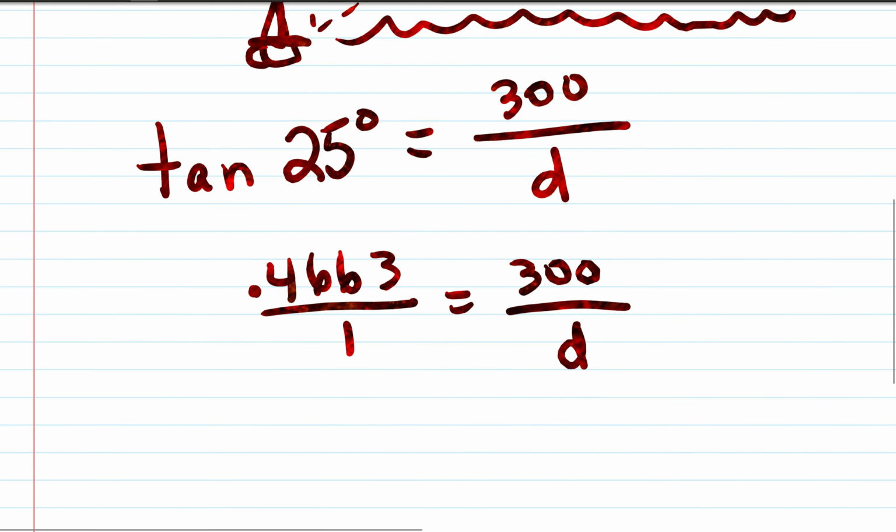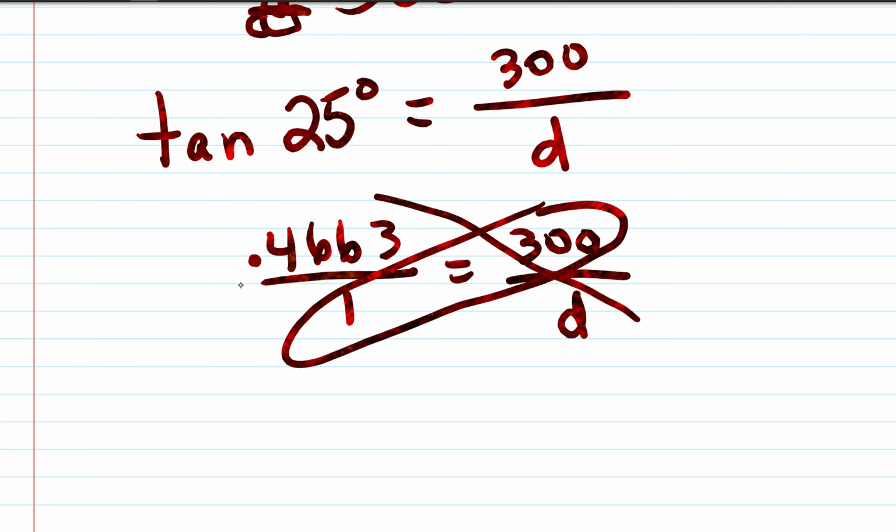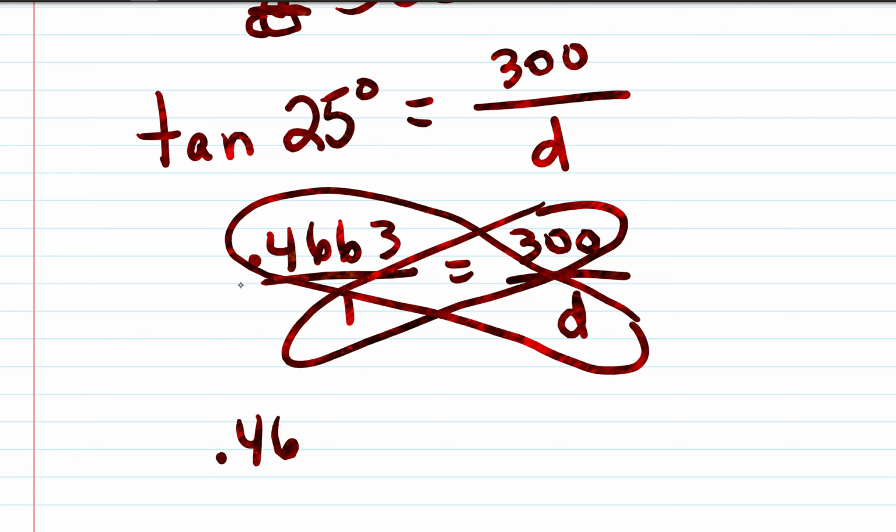So the math that we know is to cross multiply. We cross multiply 1 times the 300 and 0.4663 times D. So we get 0.4663 D equals 1 times 300, which is 300.